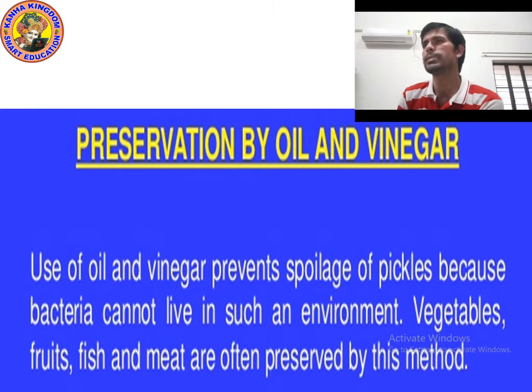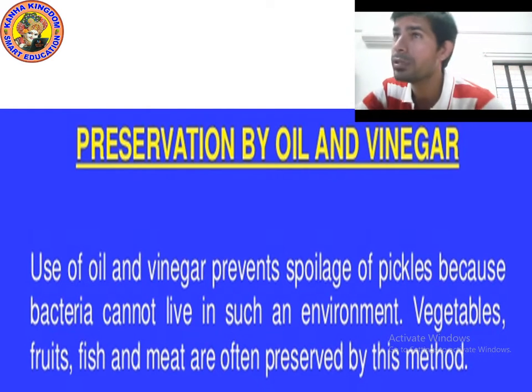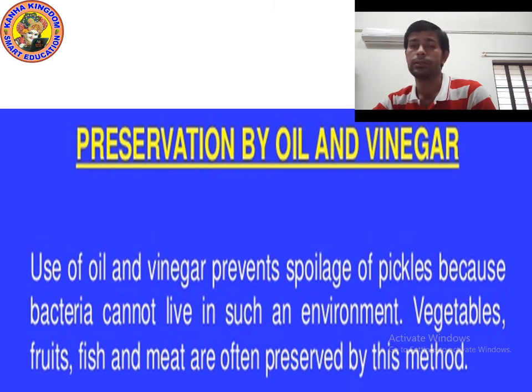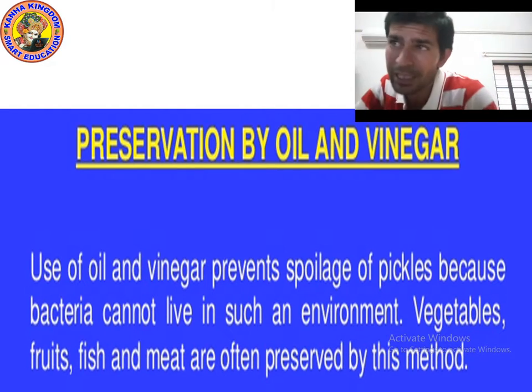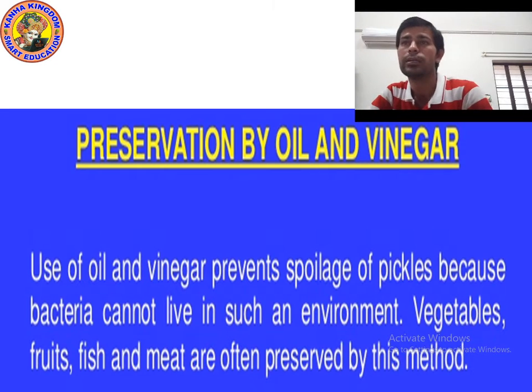Next is preservation by oil and vinegar. Oil and vinegar are also used to protect food. Use of oil and vinegar prevents spoilage of pickles because bacteria cannot live in such an environment. Why do we use oil and vinegar? To protect pickles, because oil and vinegar protect the pickles from bacteria.